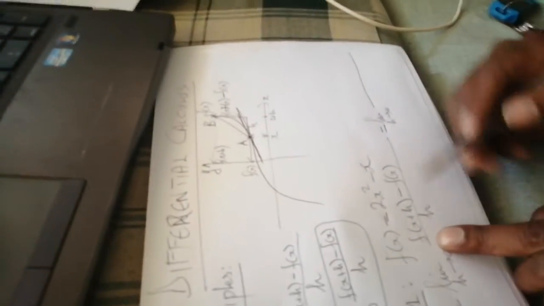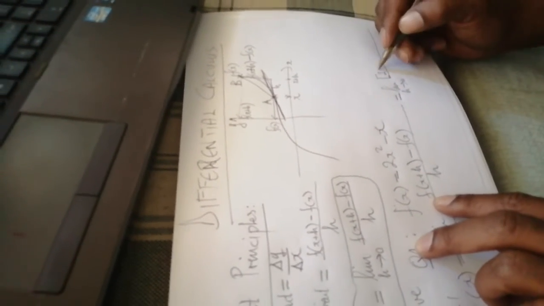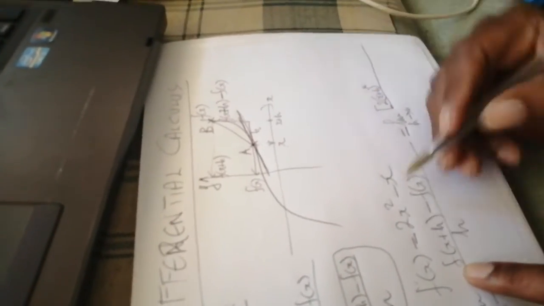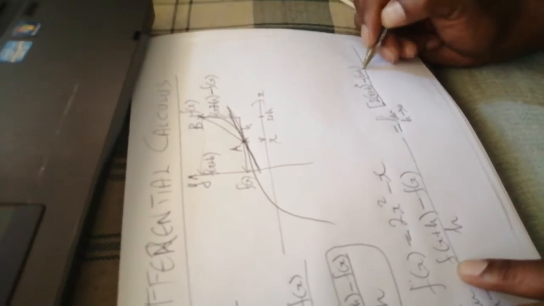So that this becomes 2, then there's an x there, which I am going to replace by x plus h, then squared, minus another x there, which I replace by x plus h, then minus f of x.